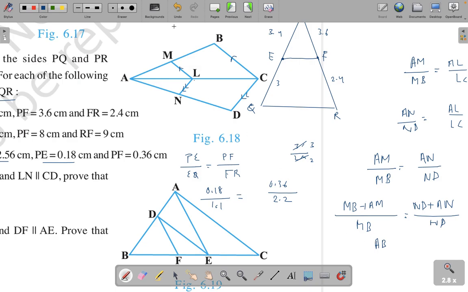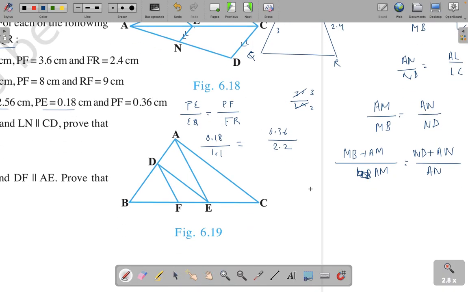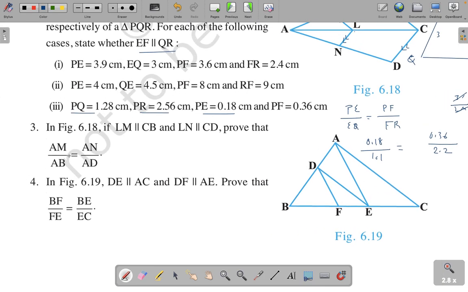Sorry, we flipped that, so this will be AM, not MB. So AB upon AM is equal to AD upon AN. Then again, if you flip this, you'll get the same thing.